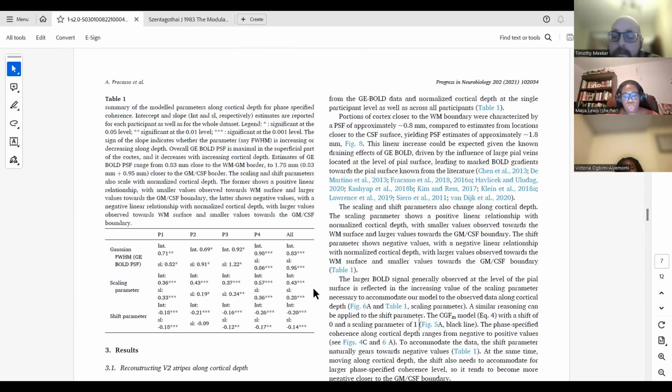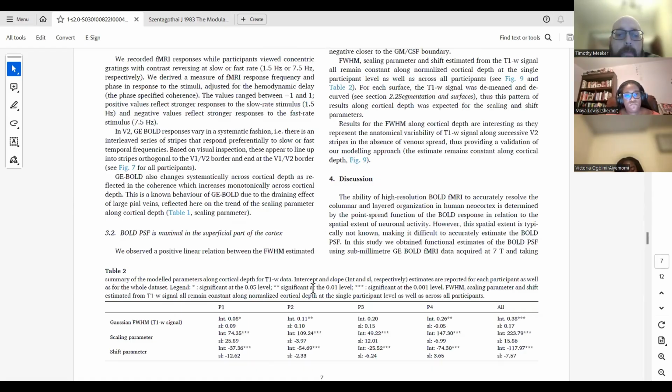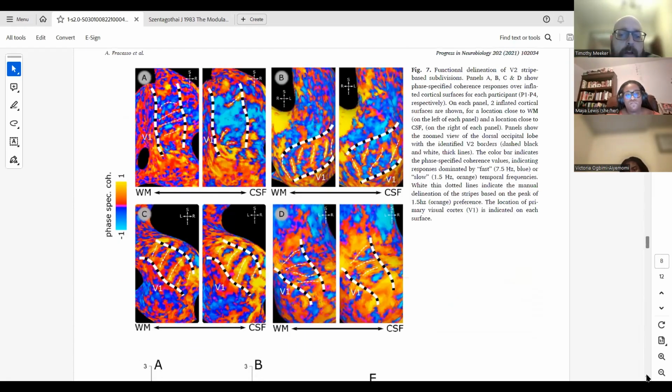MRI, a functional MRI. I've seen some in animal studies, you can get down lower because you have much higher Tesla magnets. But in humans, basically, these are the cortical columns or the stripes within V1 that you see.